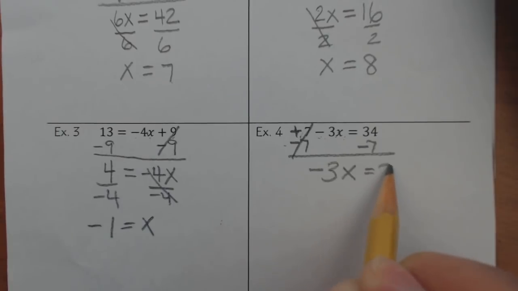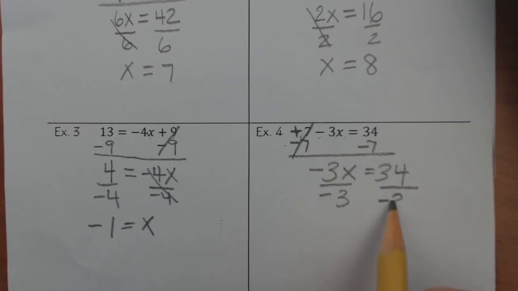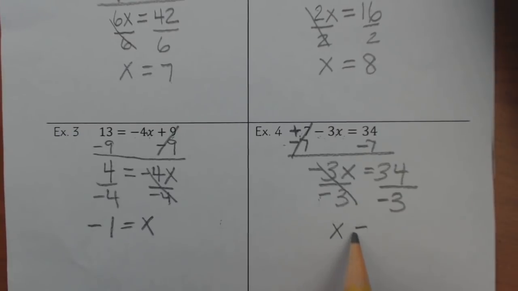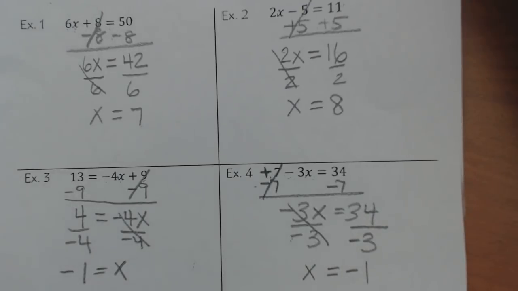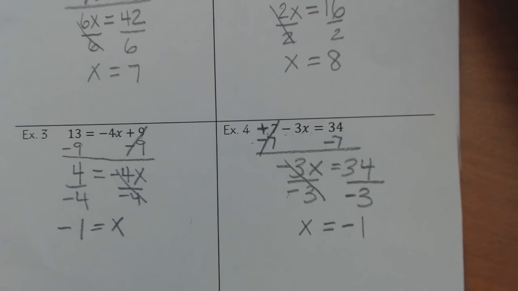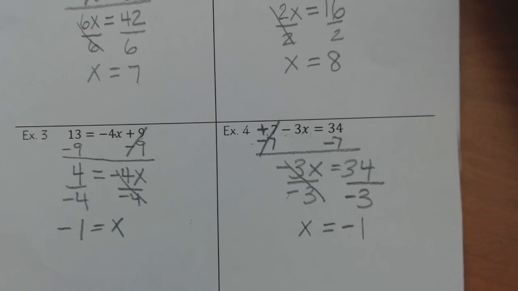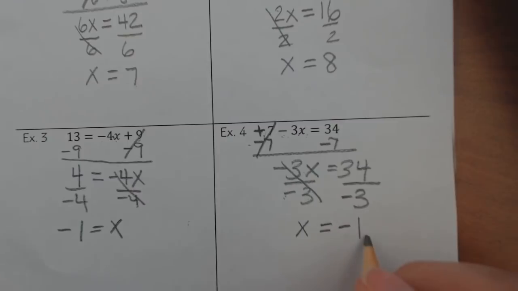This is negative 3x equals 34 minus 7, which is 27. Again, dividing both sides. Now we divide by that negative 3 because we're using division, so that negative sign goes with it. So x is going to equal 27 divided by negative 3. It's going to be negative 9. Ooh, actually I believe we're going to be getting a decimal here, because when we divide 34 divided by 3, we get 11.33.